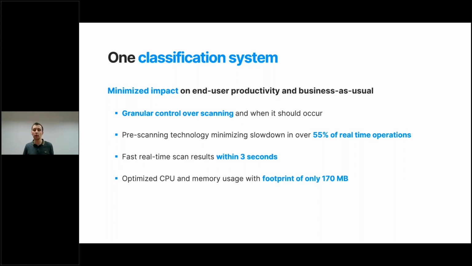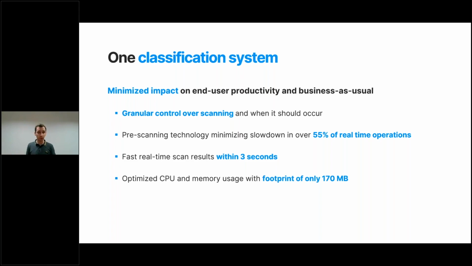Of course, when the computer is sleeping, it's not doing anything, and the pre-scanning hasn't happened yet, we try to use the resources that are still available, because it would be maybe dumb not to use that when the user is not needing the performance. And again, when we take a look at the data, on average, the memory footprint of our technology is only 170 megabytes, which is very, very small. In most modern computers and hardware specifications, this is very little and the user shouldn't even feel the impact.